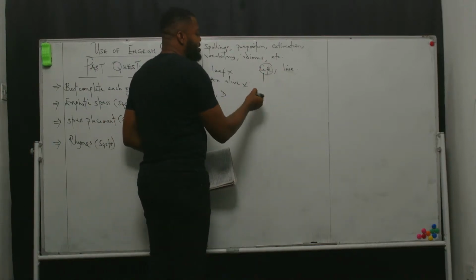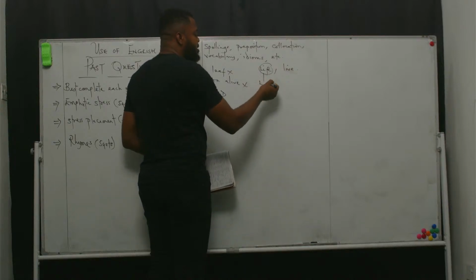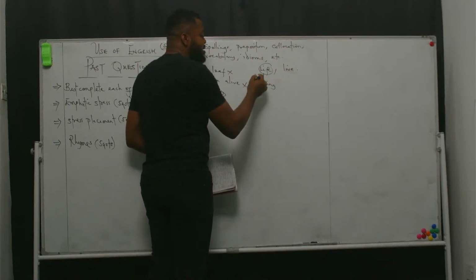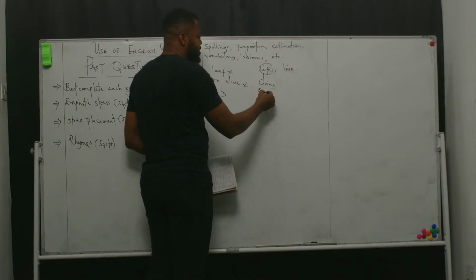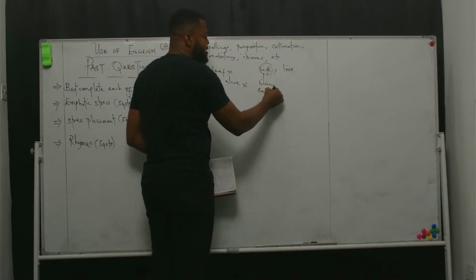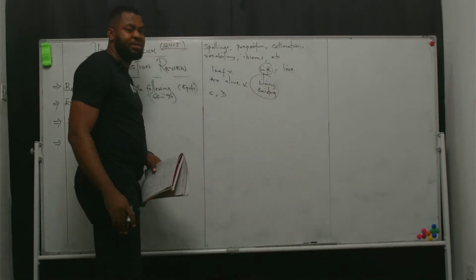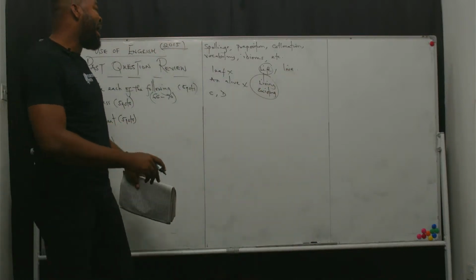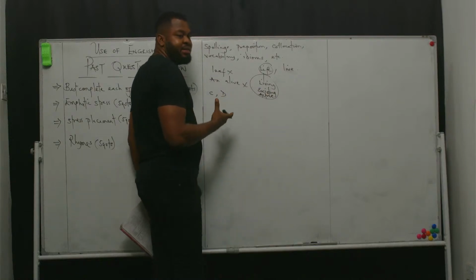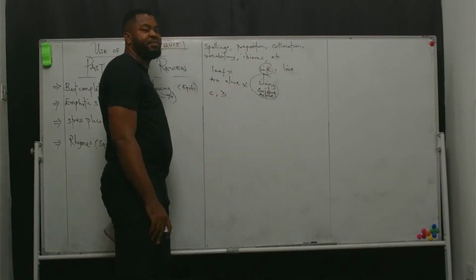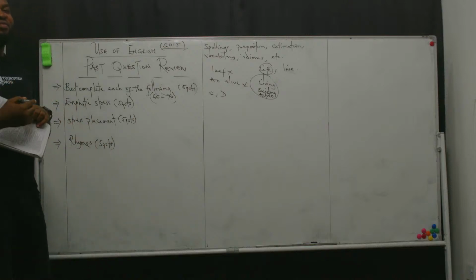Life, this is meaning living. Do you understand? Existing. Or active. It could also mean active, something being active. What about this? I think you went for that second one. So tell us your reason.